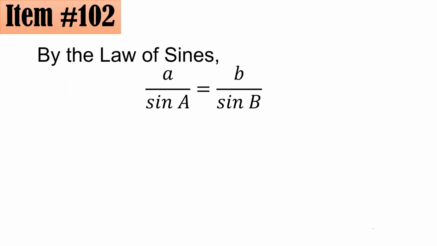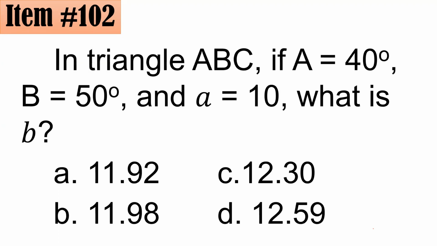But since dalawang angles na naman po at saka dalawang opposite sides yung given, by substitution po. Actually, in using the law of sines, it could be any triangle in the Euclidean plane. It doesn't matter if your triangle is right or not, no? So the law of sines is applicable. So whether the angle C is a right angle or not, right angle ba siya? Tingnan po natin. Okay, in this case, yeah, right angle po siya.